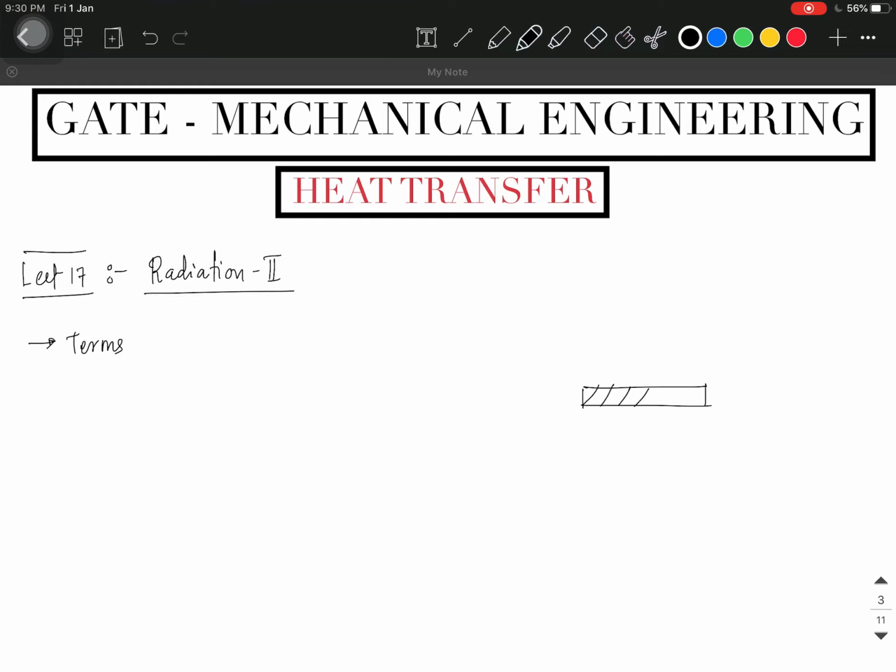So let's continue with the terms associated with this radiation, and let's suppose some body or surface like this, and consider this is at temperature T, and consider the total energy that is incident on this particular body.